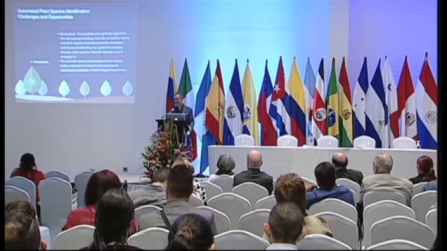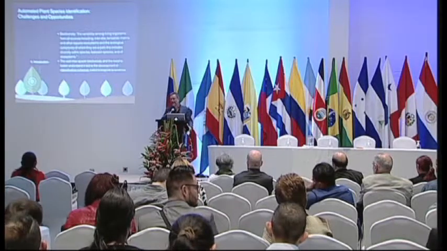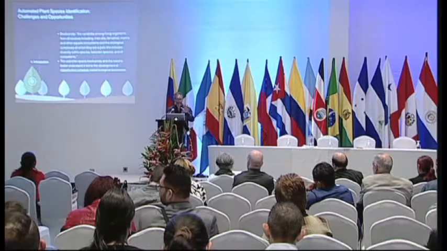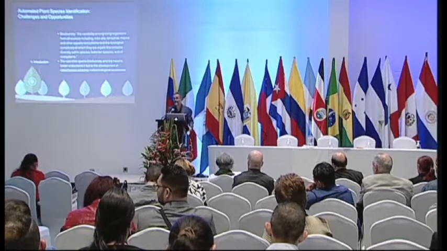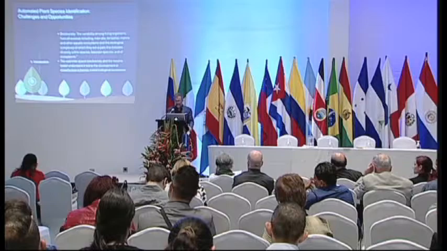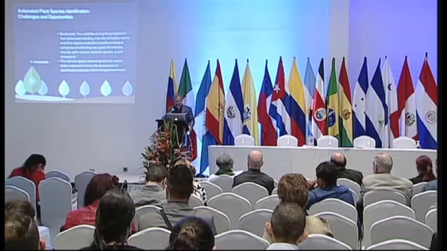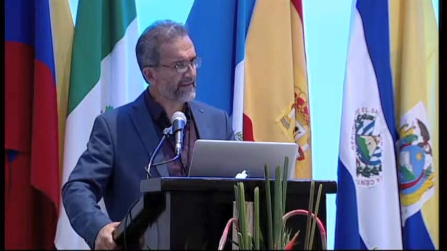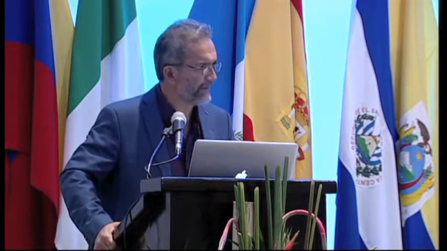We already talked about how many species there are estimated to live on the planet, 10 million. Macroorganisms, microorganisms, people don't even dare to say. And the need to organize this information with some type of classification scheme has been there forever.